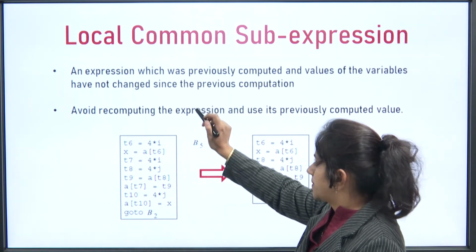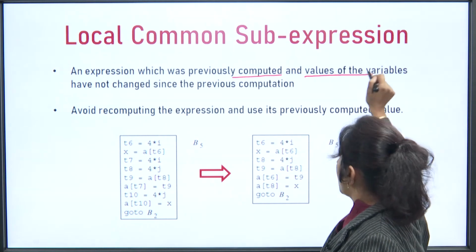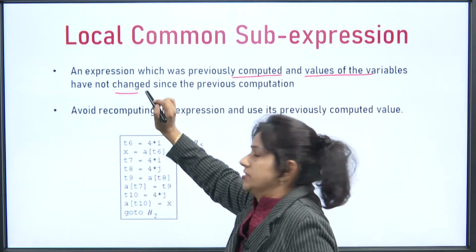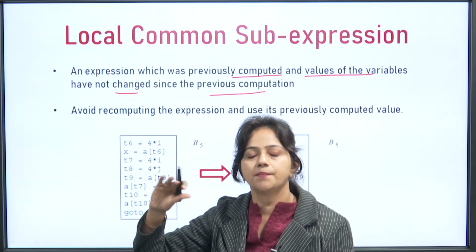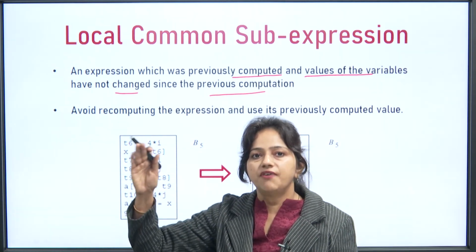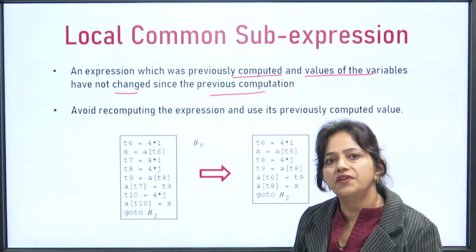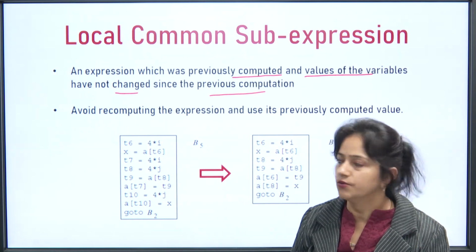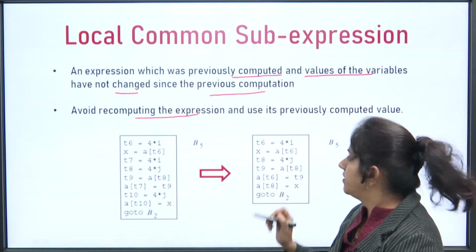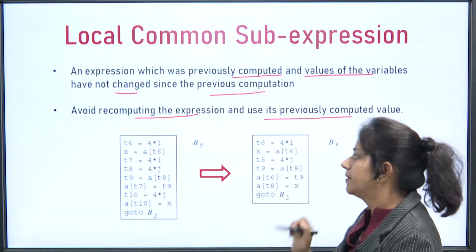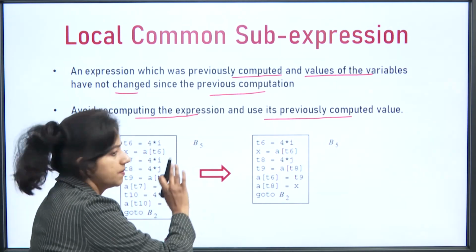This is an expression which was previously computed, and the values of the variables have not changed since the previous computation. At a later stage we will not recompute such expressions, and we use their previously computed values. Now see, suppose we have block B5.